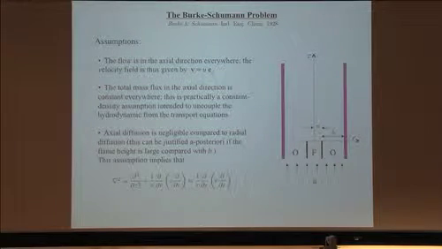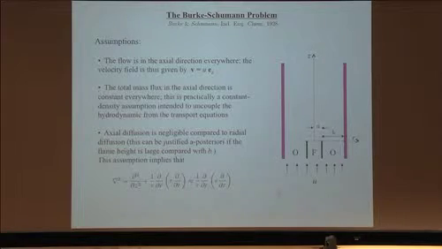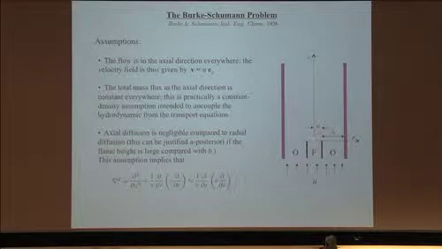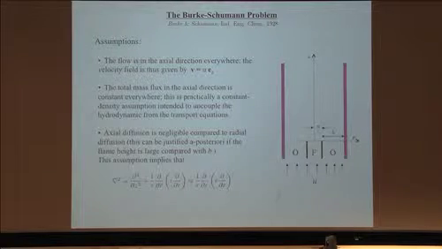So these are axisymmetric, two cylinders, if you like. The fuel is supplied in the center, the oxidizer from the outer cylinder. The outer cylinder has a radius B, and the inner cylinder has a radius A.